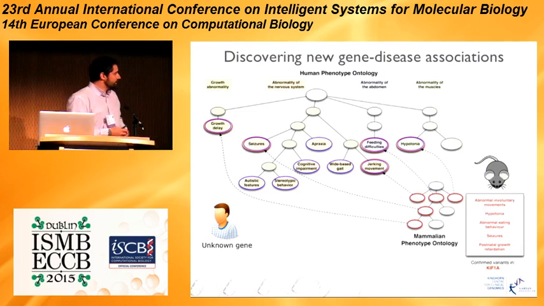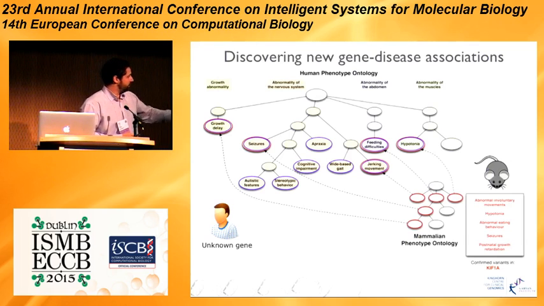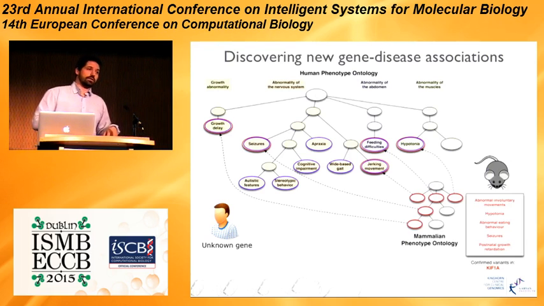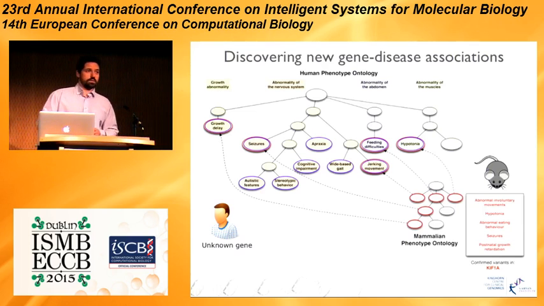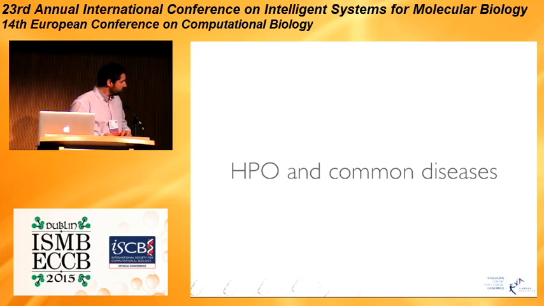I know this is not necessarily the best picture to show this, but the idea is that you find the semantic similarity between the profiles, and you find that a particular mouse model has a variant in KIF1A, and then you turn your attention towards KIF1A in the case of the patient. It has been used successfully to diagnose, as far as I know, 7 patient cases in the UDP, the Undiagnosed Diseases Program.